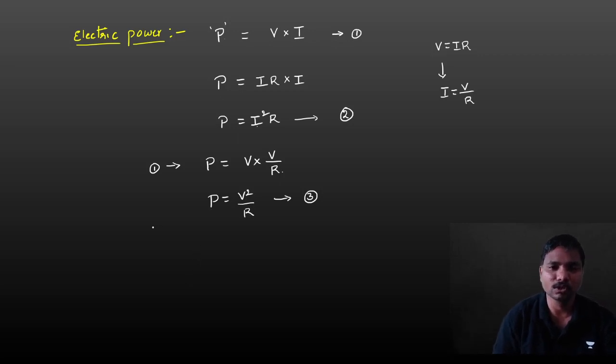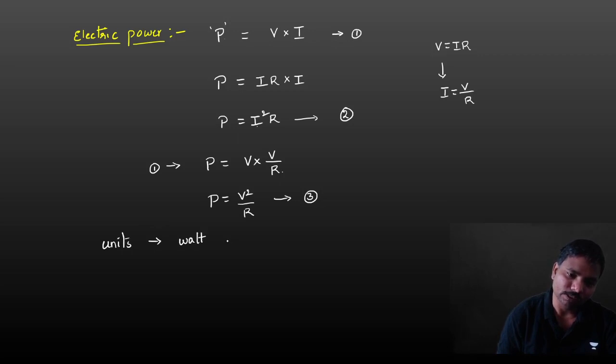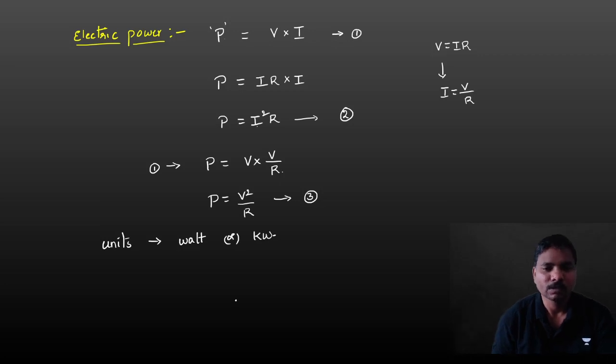So power is generally the product of voltage and current, and the unit of electric power is watt, or you can also say kilowatt. So note down this one: electric power P is equal to V into I, I square R, V square by R. Very important in the numericals.